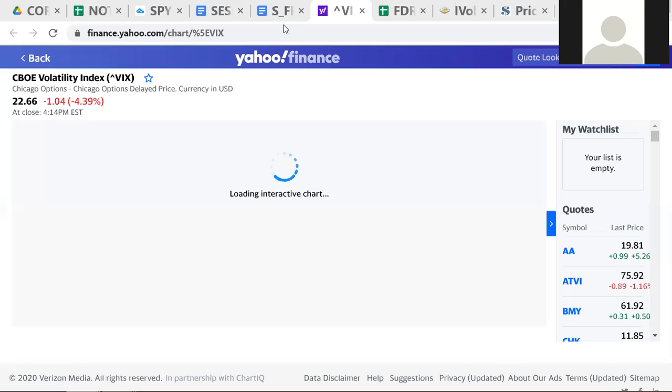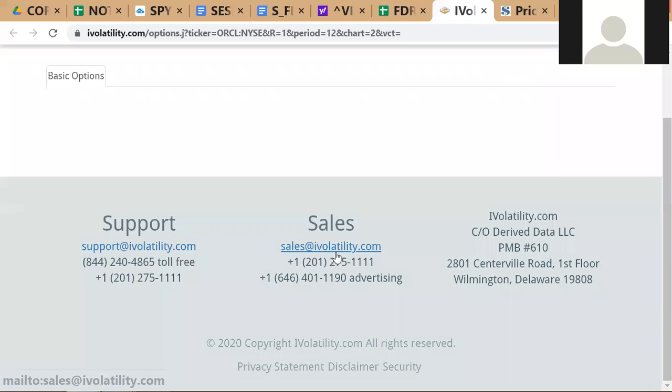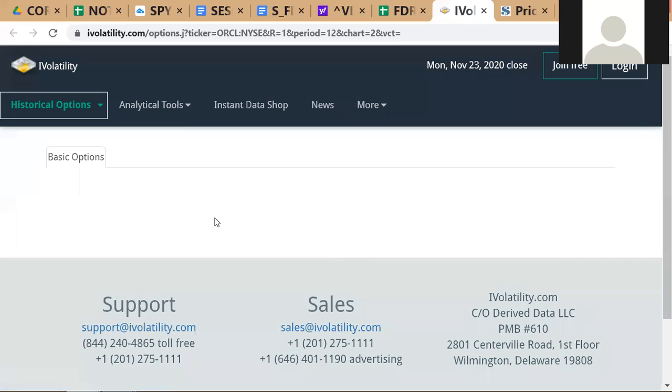So the reason I keep talking about I-vol index, the reason for that is, even when I've shown you charts like this, there seems to be some kind of problem here. It didn't load properly.